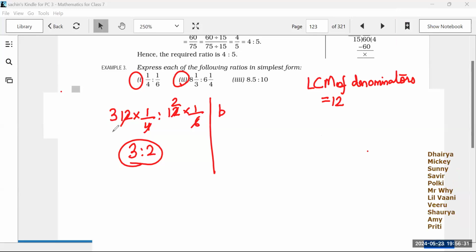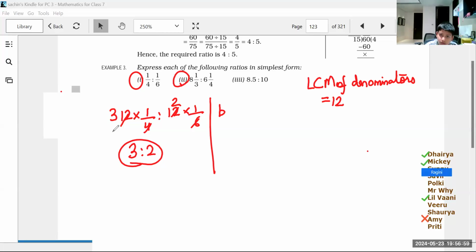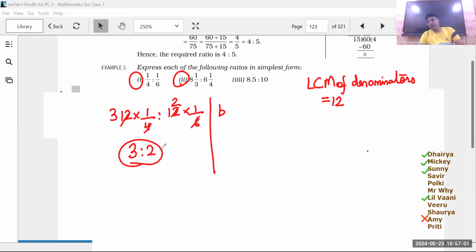Okay, sir. तो थर्ड वाला करना है? Third wala, yes. After doing the second one, you have to do the third one also. Okay.